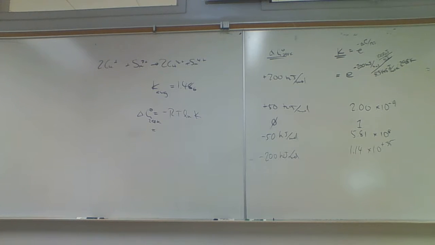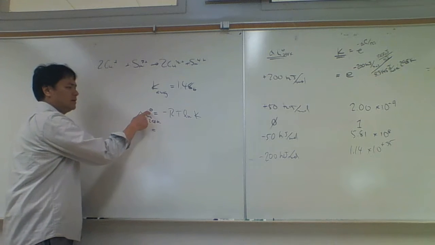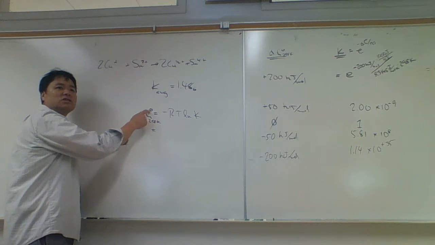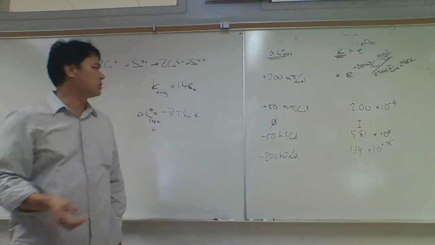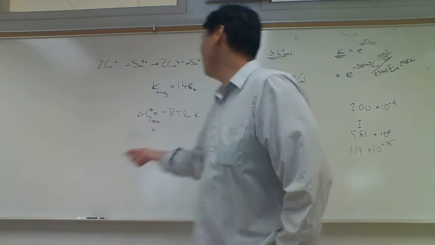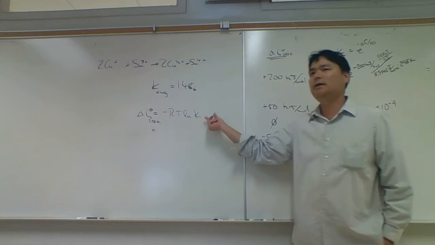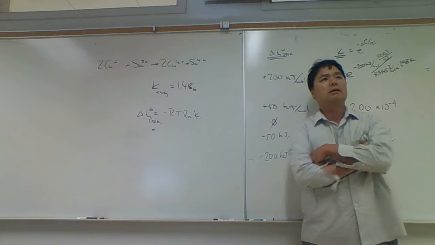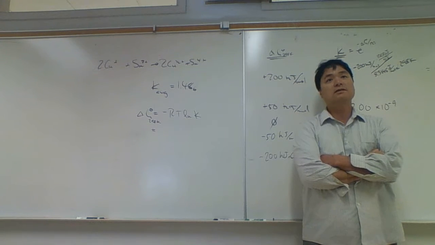No. Experiment 3, no. The introductory experiment? Yes initially, but no at the end. So is it okay to use this, which means standard conditions, when clearly I wasn't at standard conditions? Can I use this 1.486 here? Is that okay?